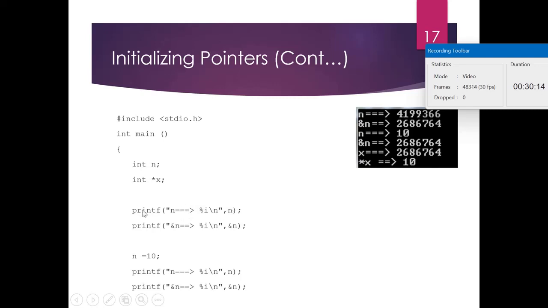It is also not declared yet, and printf ampersand n. We can get the address of the n there. Here ampersand n means the address of n. Then it initializes n equal 10 and it prints the n here and the address of the n.